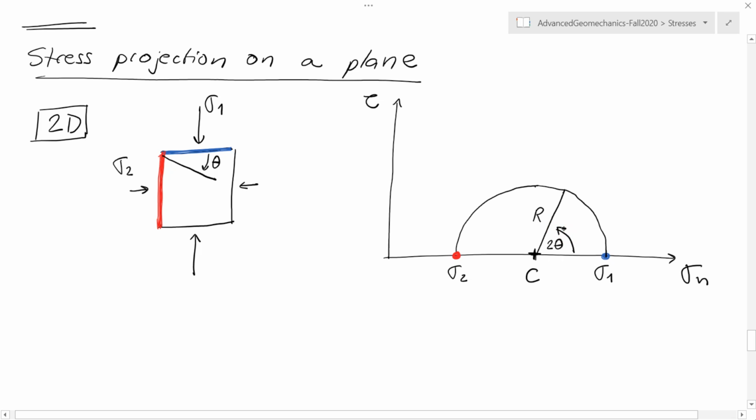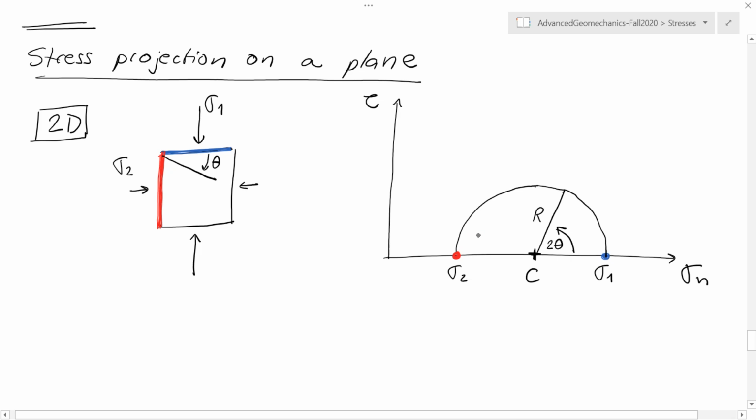Notice that I'm following the convention that the angle goes from the plane of sigma 1 to the plane of sigma 2. And in the Mohr circle too, the angle goes from the value of sigma 1 to the value of sigma 2. In the Mohr circle this turns out to be 2 theta, because in real conditions, if theta goes from 0 to 90, that means in the Mohr circle, this has to go from 0 to 180.